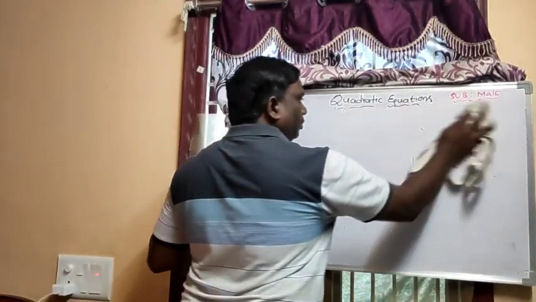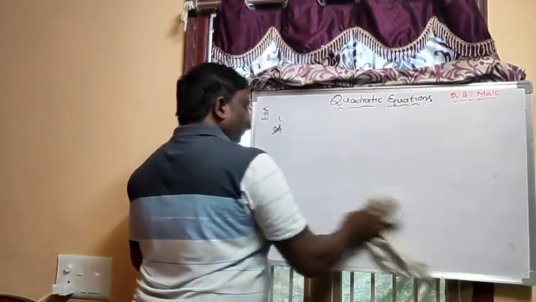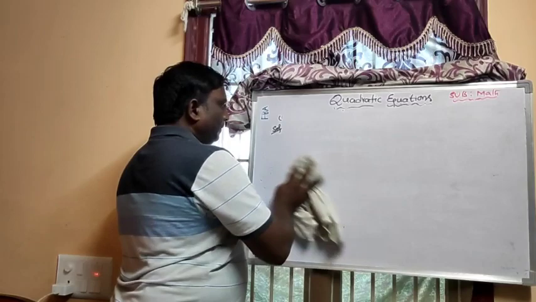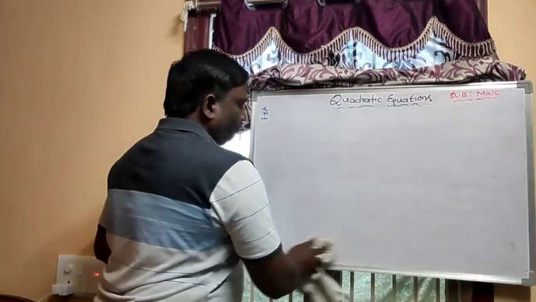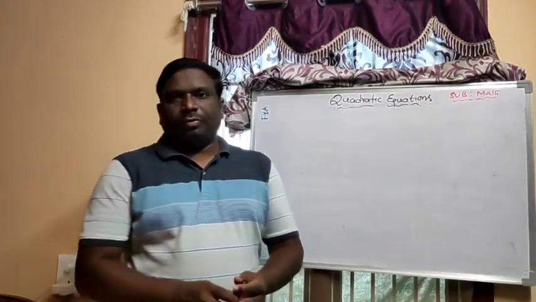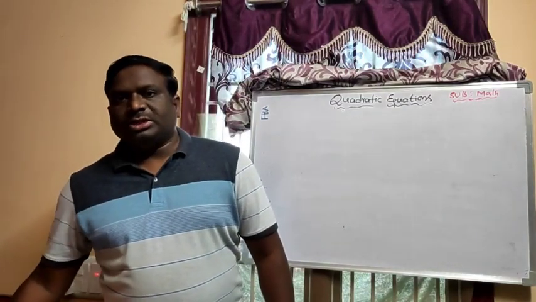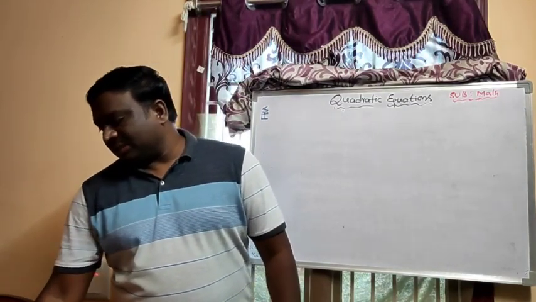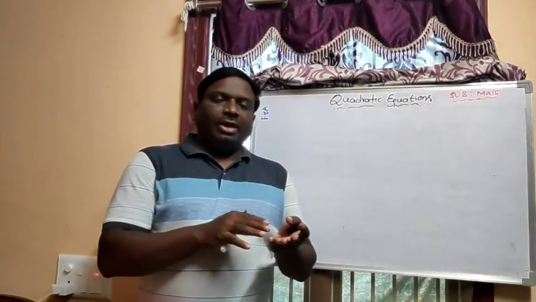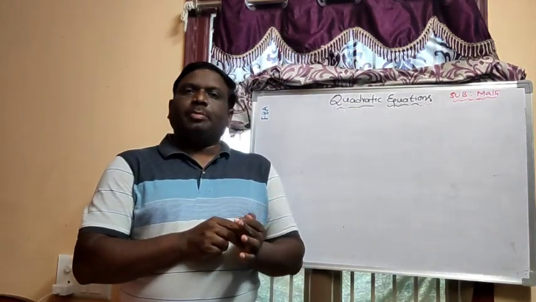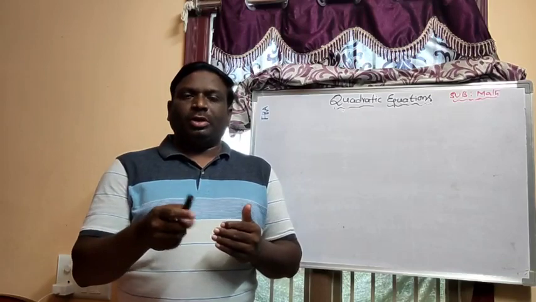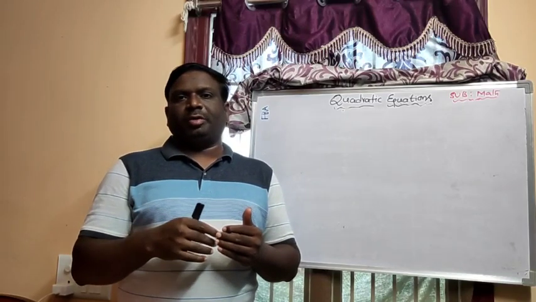Now we can take different word problems that are there in this exercise. So if they give a word problem, as I already said in the previous session, first you have to understand the word problem.